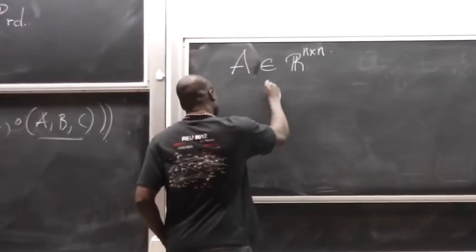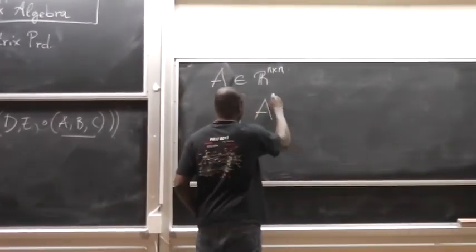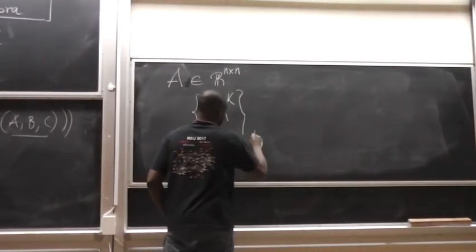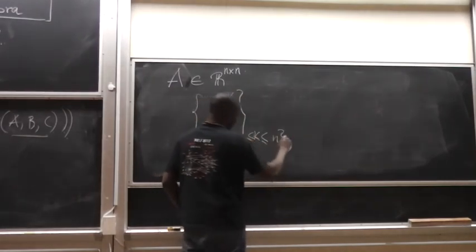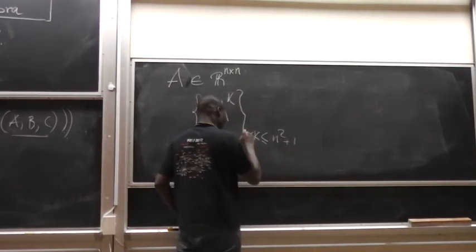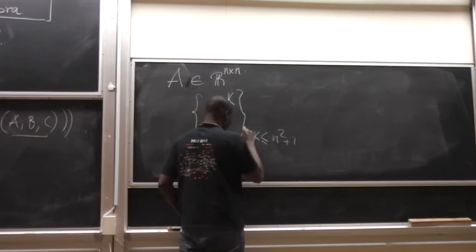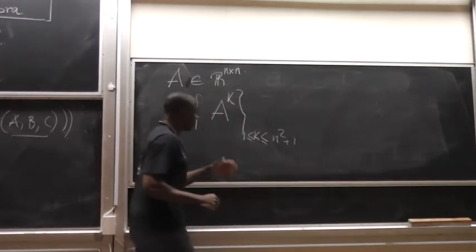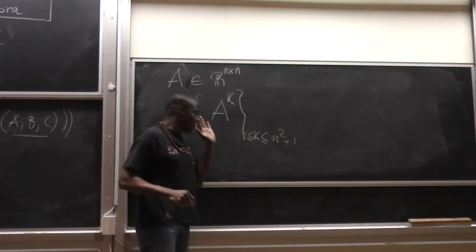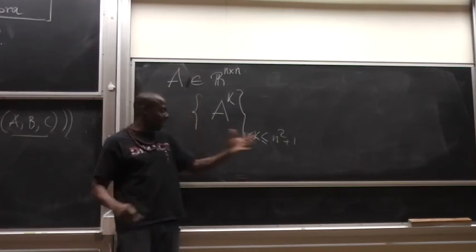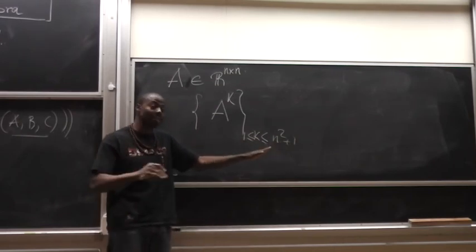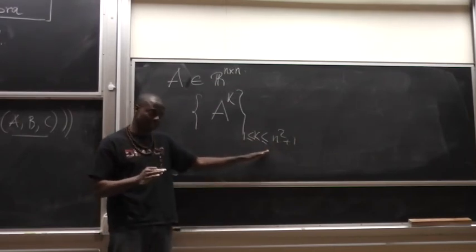Cayley-Hamilton says if you took the sequence of powers A to the k and you went up to n squared. Now, you know by the fact that A is an n by n matrix, it has n squared entries. If you pick n squared plus one of them, they must be linearly dependent.